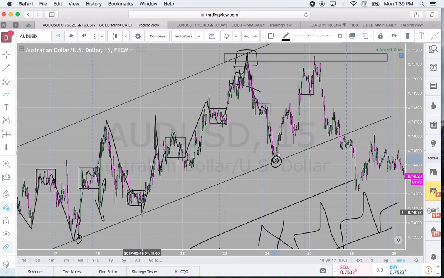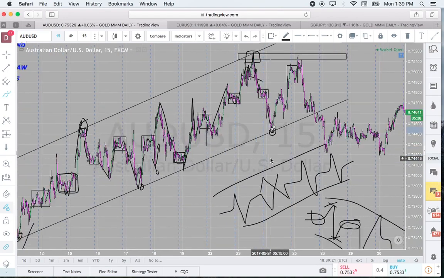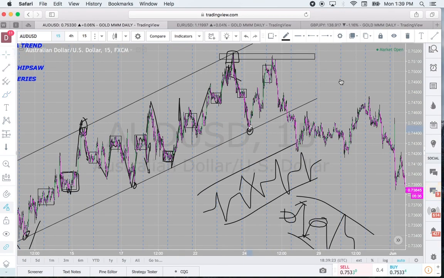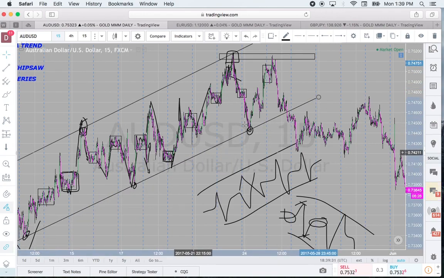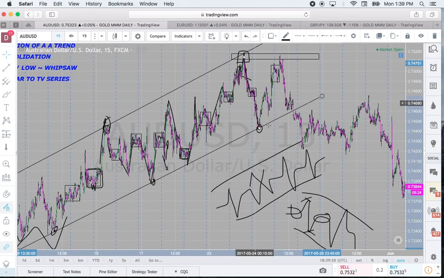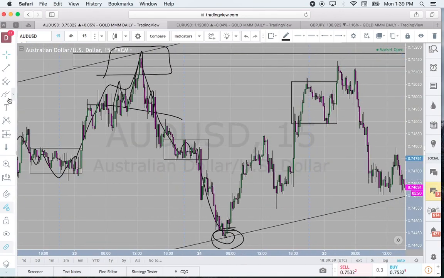Maybe the fourth time, but definitely the third time, and it's obvious that retail traders are now beginning to graph out this trend. They see 3 hits through this trend line, they'll buy right here. And I'm sure a lot of retail traders did buy right there off of that hit.